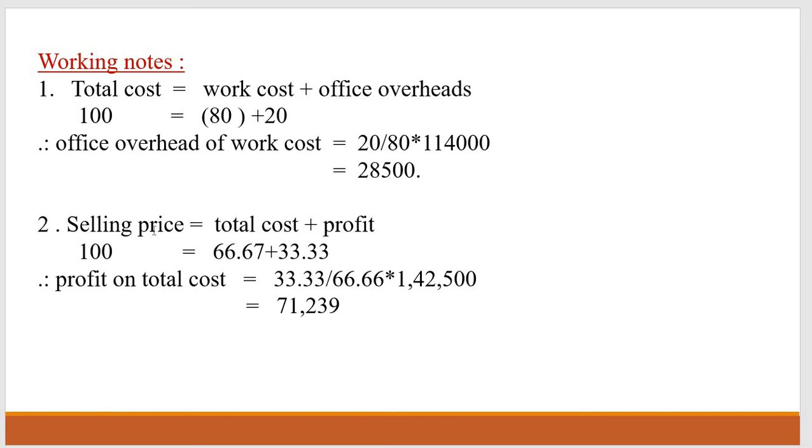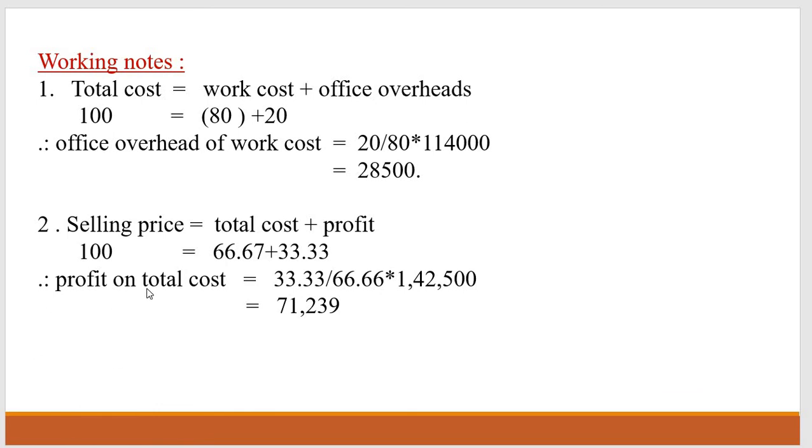Here I am taking selling price as 100, and profit is given here, that is 33.33 percent. So total cost is equal to 100 minus 33.33, that is 66.67.